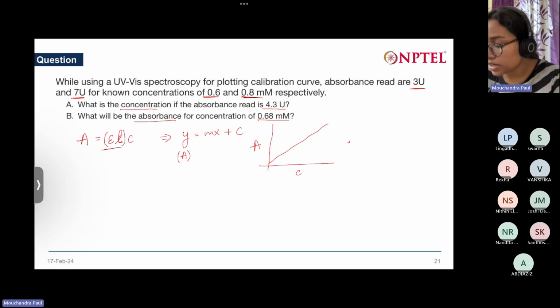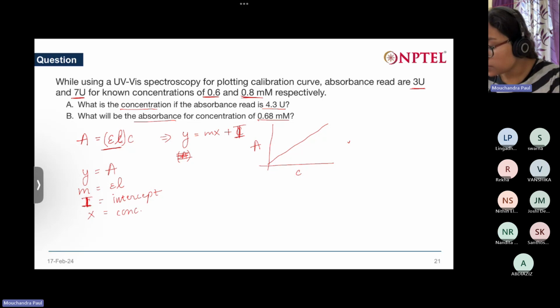Here y is nothing but A, and m is the constant value, which is epsilon L. Let me write it like that: y is A, m is epsilon L, C is the intercept, and x is your concentration. Let me write the intercept with some other constant like I, so that you don't get confused between concentration C and intercept C. I is your intercept.